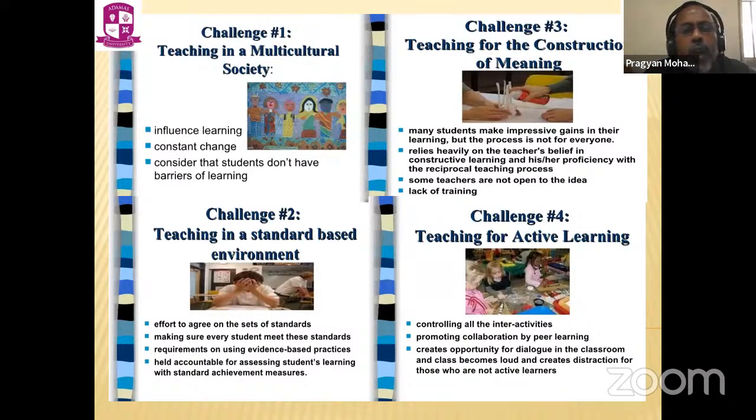challenge or obstruction, that is teaching in a standards-based environment. Whenever I'm fixing the course standard that I've already discussed, all the students must make the effort to agree with this course standard. We have the NAC present, and it identifies students of different categories. There may be slow learners, there may be advanced learners. So all the students cannot be moved to a common standard.